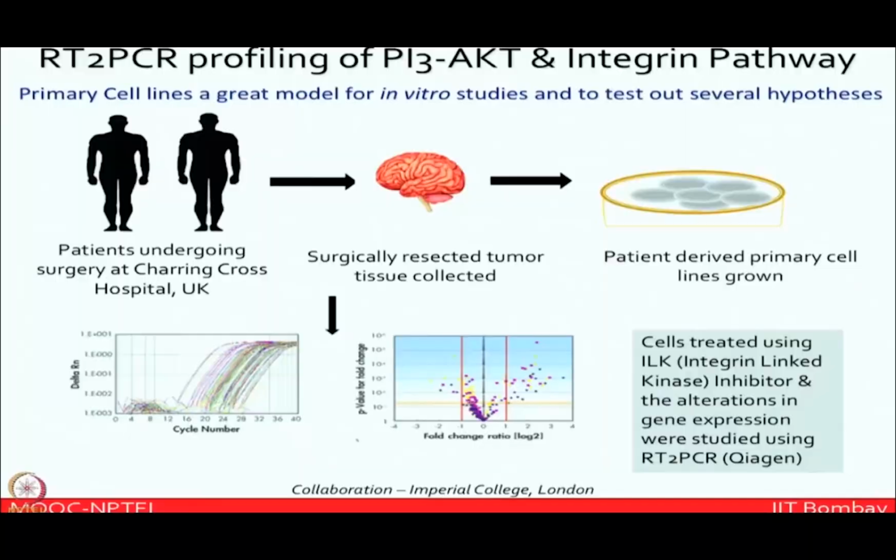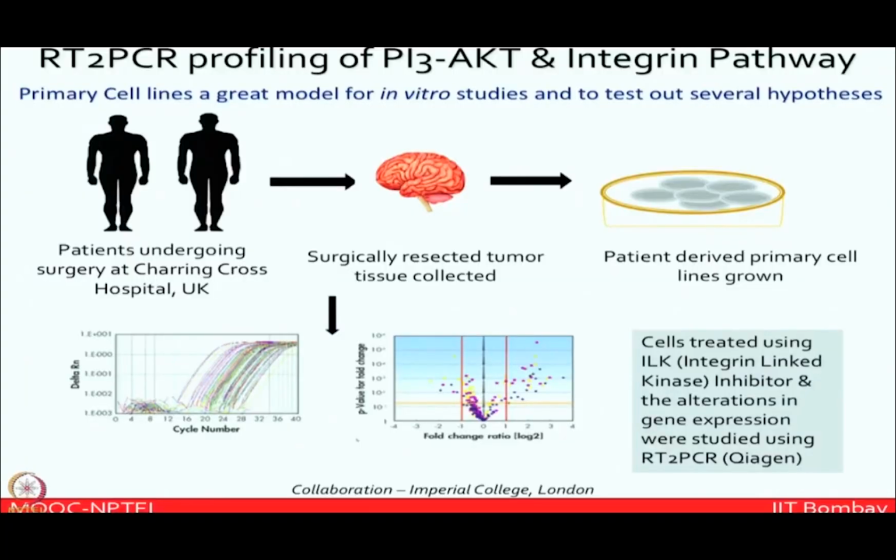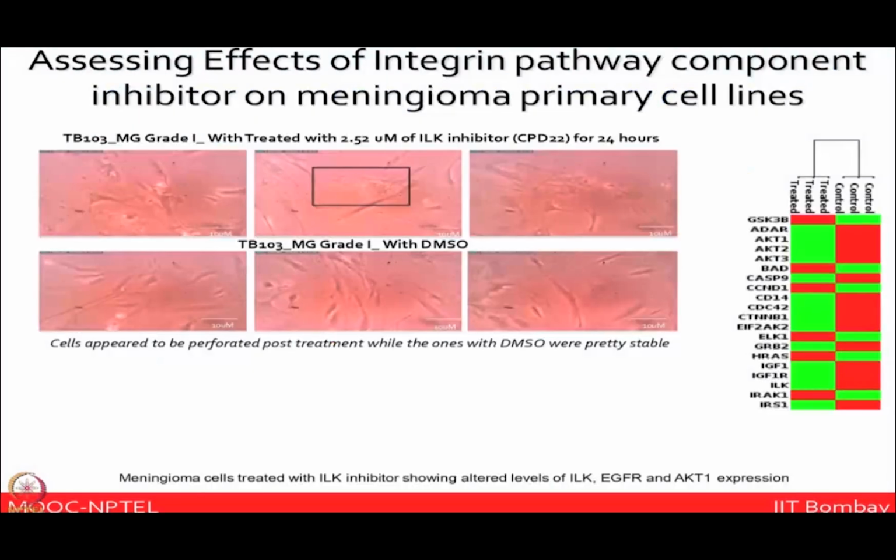To do this, in collaboration with Dr. Nell's lab from Imperial College London, one of my students went and looked at patient-derived cell lines of meningioma and treated them with an inhibitor of ILK, integrin-linked kinase, to look at what effect this particular inhibitor has on these meningioma patient cell lines, because our aim was to look at some of the targets of the PI3K AKT pathway and whether this inhibitor could block or affect some of these proteins.